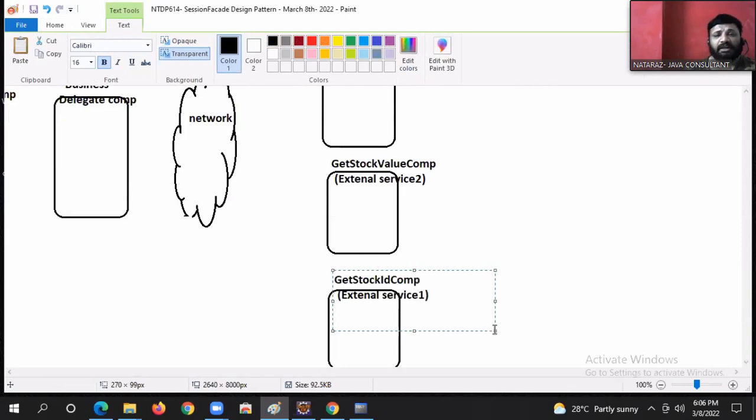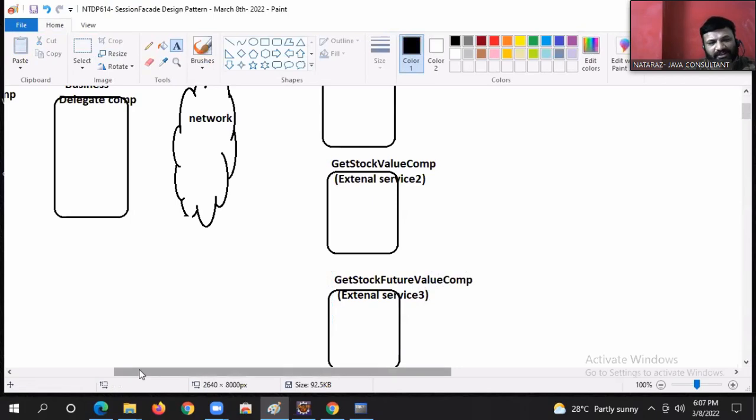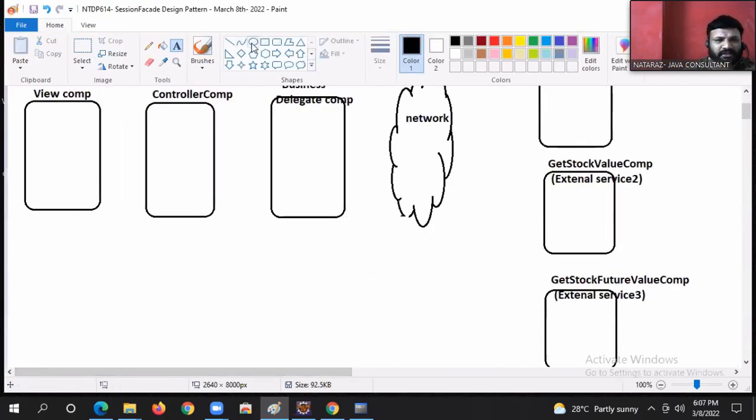Next, get future stock value, where predictions will be there. External component 3.